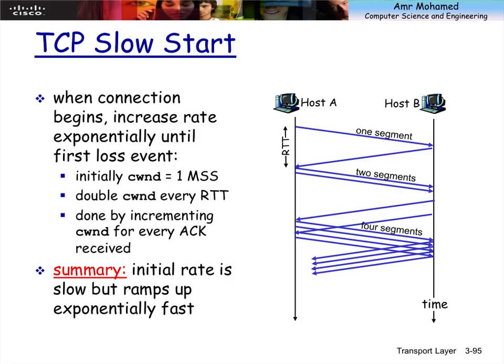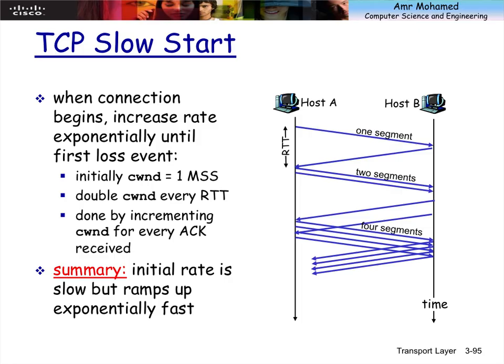Because that's the objective. You are trying to utilize the channel efficiently, right? And once we reach the capacity, what will happen? Once you reach the capacity, one of the 2 events will happen: the 3 duplicate acks or the timeout. Okay? So now you have to drop.